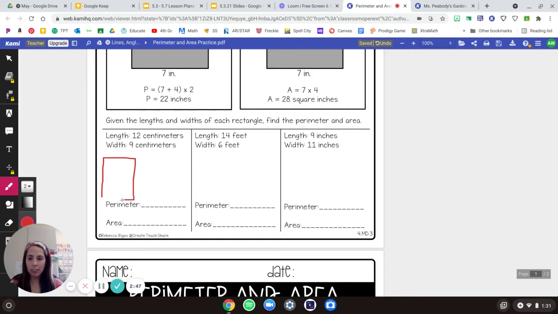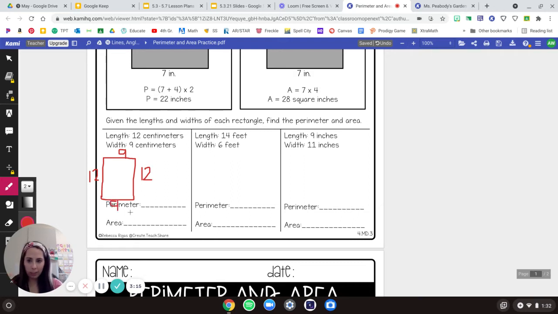Now that helps us, even though that's only two numbers, because we know opposite sides are congruent. They're the same length. So if we know the left, we know the right. And if we know the top, we know the bottom.